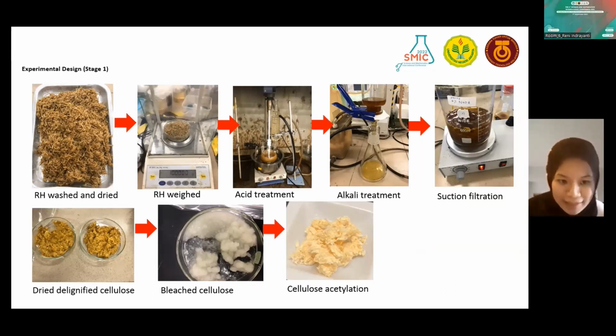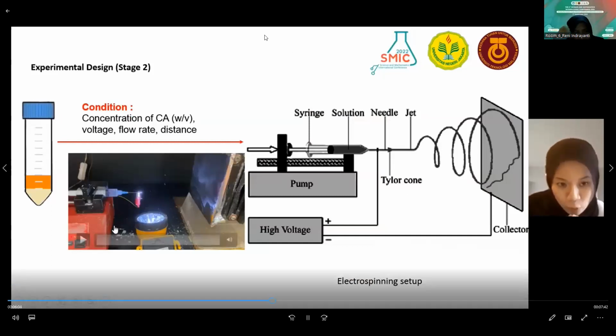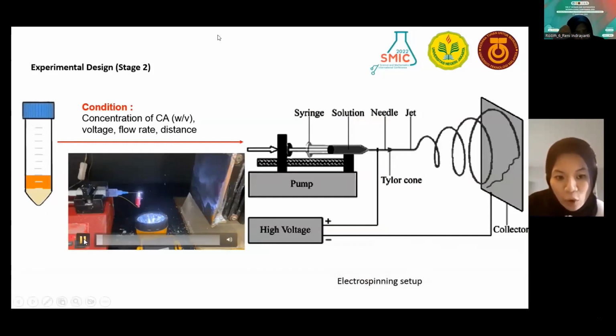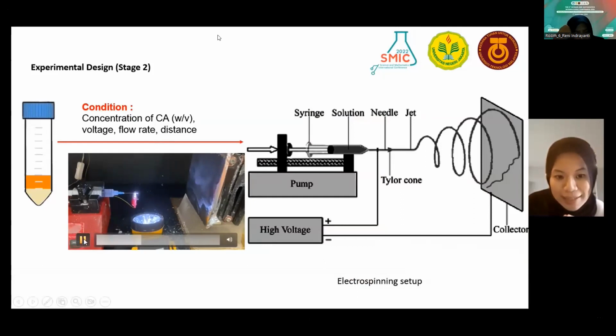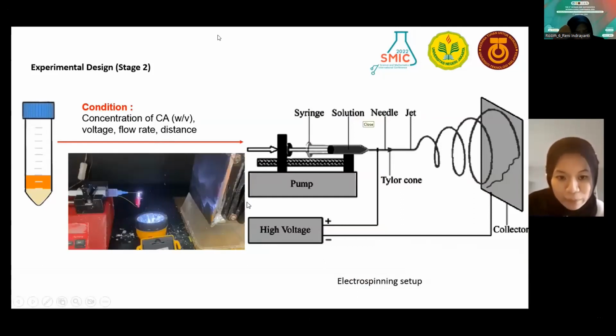In the second stage, we will undergo the electrospinning process, in which certain parameters will be controlled, such as the concentration of cellulose, the voltage, the flow rate, and the distance from the syringe to the collector. This is a short video on the electrospinning process, and the fibers will be collected on the aluminium foil.